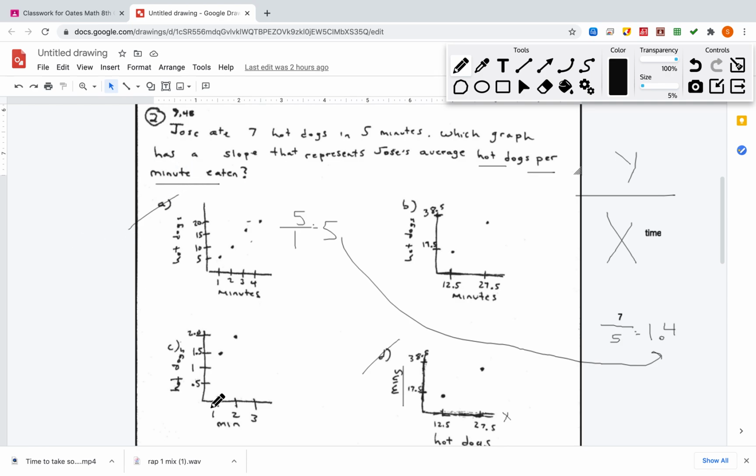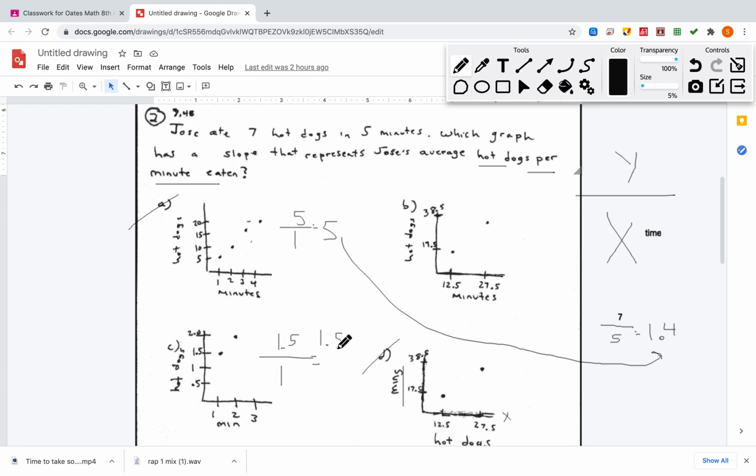I'm going to go down to C. Now it has 1.5 for y and 1 for x. 1.5 divided by 1 will equal 1.5.